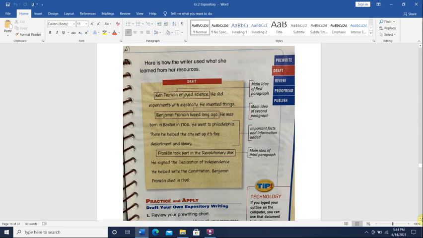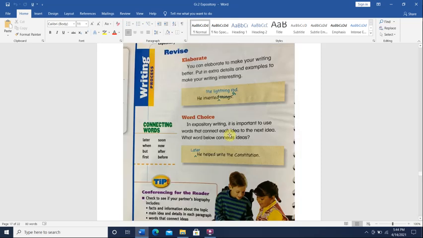Again, what do we do with our draft? We revise it. We read it again to add describing words to make the writing more interesting. We use connecting words to show the sequence.